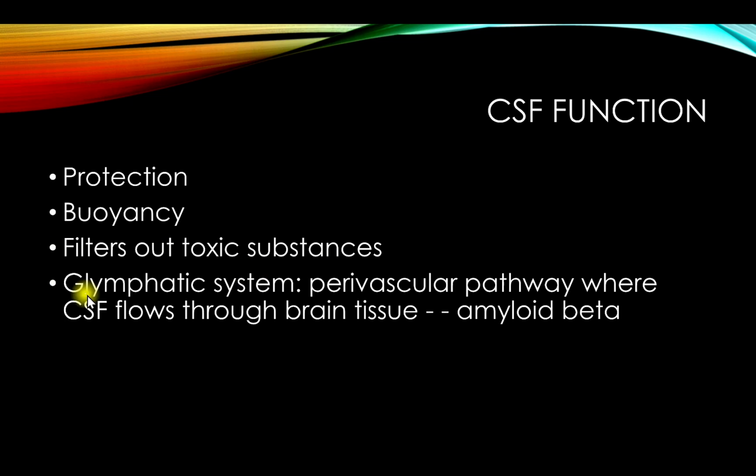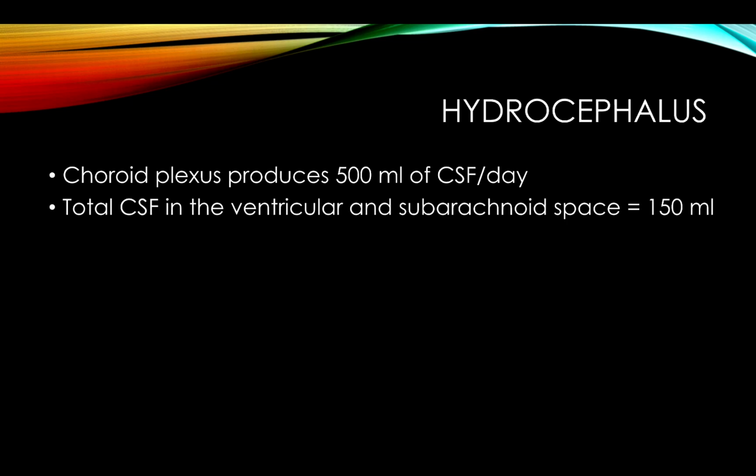And in recent years, there's been a lot of discussion about the glymphatic system, not the lymphatic system, the glymphatic system, which are perivascular pathways where these toxins essentially are eliminated. Most importantly, probably amyloid beta. We will discuss this is bad. It accumulates in Alzheimer's disease. And so the glymphatic system here is important for getting rid of toxins like amyloid beta.